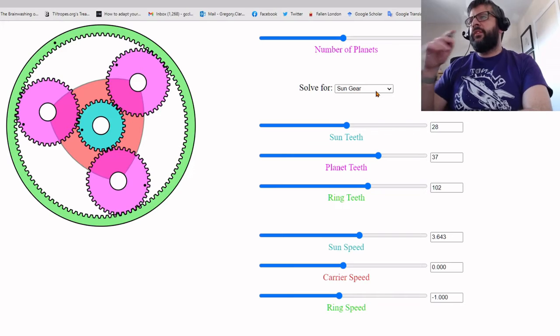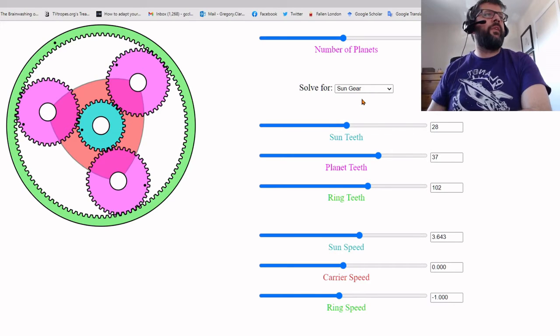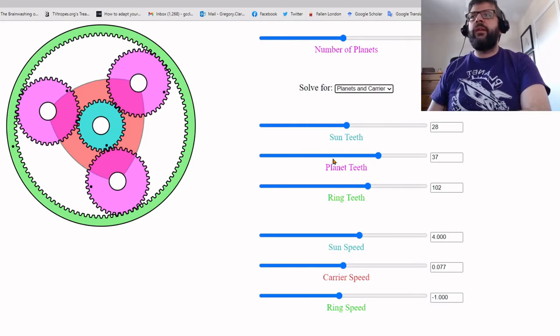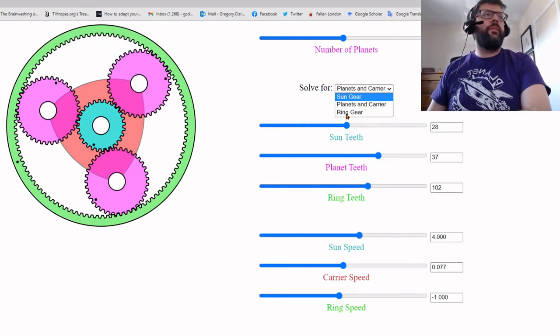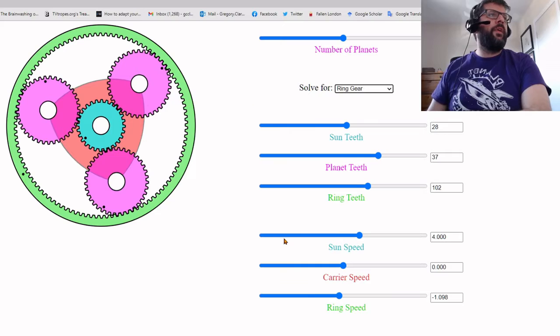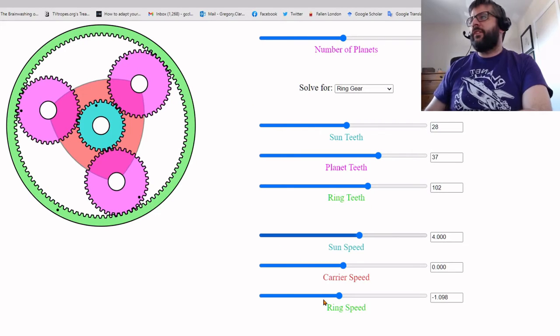But you select which one you're solving for. So you're either solving for the sun gear, the planets and carrier, or the ring gear. I'll be completely frank, I'm not sure why the operation of the site isn't showing up properly on my screen recording software. Just go to it and play around with it.